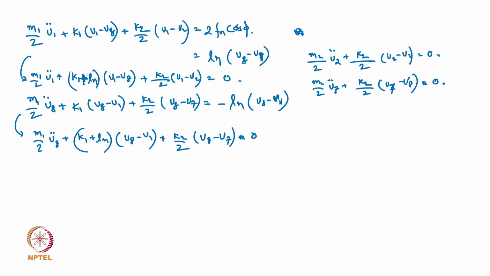So here if you see now what happened, what are the parameters left with me? We have u1 double dot, we have u1, u8, u1, u2, we have u8, and here what are there? u2, u2, u1, u7, u7, u8.